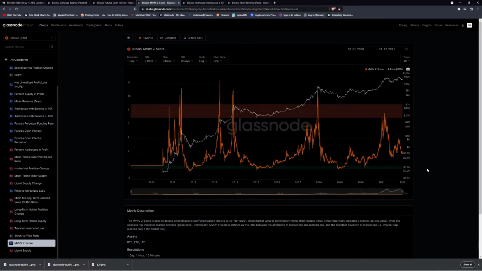Now, you'll notice that at every single end of a bull run, we get these big spikes in this metric in our parabolic moves toward the end, and we blow past this. That gives us an idea of the euphoria at the end, where nobody thinks that it can go down. And so we have this metric spike up big, even in this mid-cycle. You'll notice this cycle, we never got that. We flashed up into the red very briefly, but we got the distribution top and a sell-off after that.